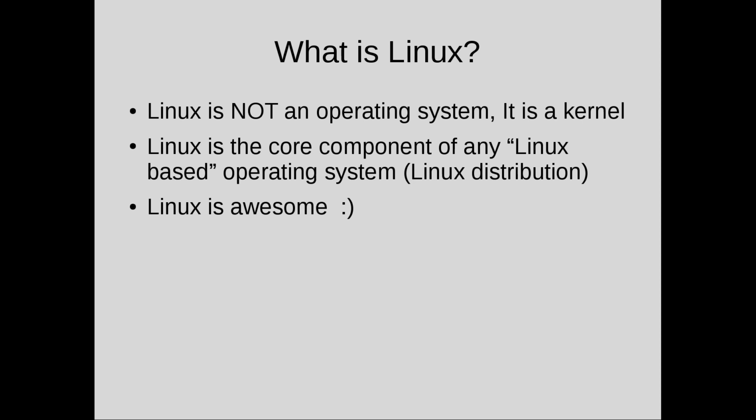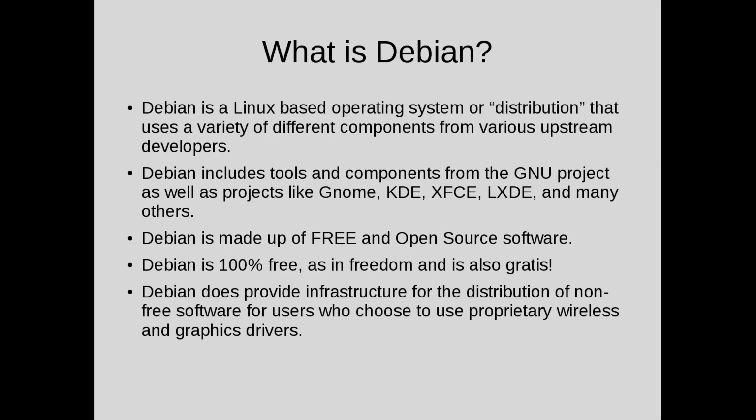But let's move on and talk about distributions, specifically the distribution that this particular series and most of the videos on my channel tend to target. Let's talk about Debian. What is Debian? Debian is a Linux-based operating system or distribution that uses a variety of different components from various upstream developers. Linux, you'll find out, is extremely modular, and it tends to contain tons of different components from all over the spectrum, and they can be freely taken out and used however you want.